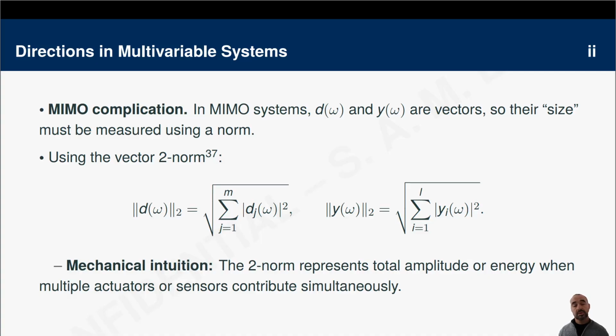I'm talking about energy-like quantities, to give you a sense of what this square root is and why the two norm is the most commonly used norm among all norms.